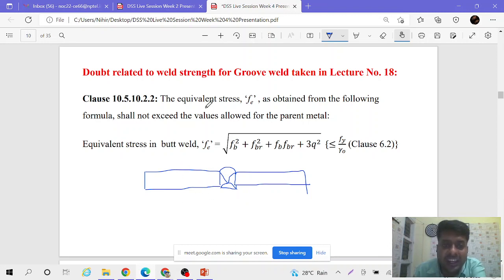When we calculate the equivalent stress, the Codal provision says it is obtained from the following formula. Which formula? This formula. When we calculate equivalent stress from this formula, it should not exceed the values allowed for the parent metal. So what is the value for the parent metal? We have already studied in the bolted connection that it is governed by the yielding criterion, so Fy upon gamma naught.